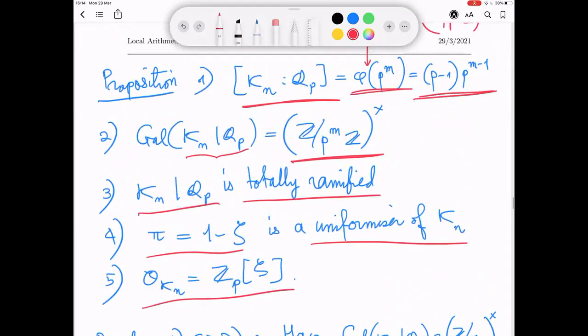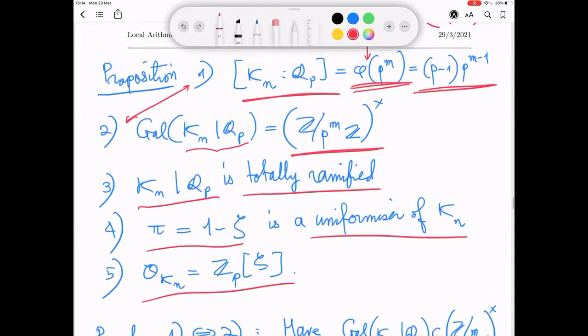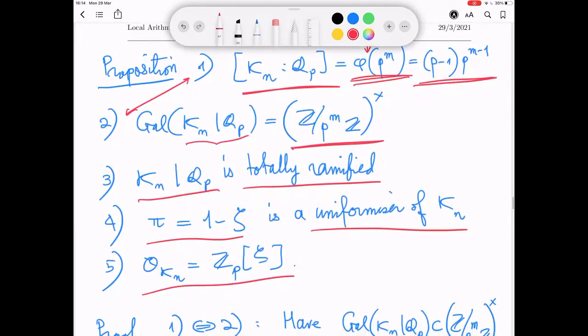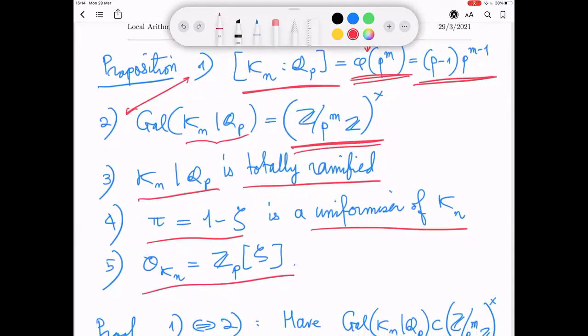So notice that these two statements, 1 and 2, that the degree is equal to phi(p^m), and that the Galois group is the multiplicative group of Z mod p^m, because the order of this is, of course, phi(p^m).